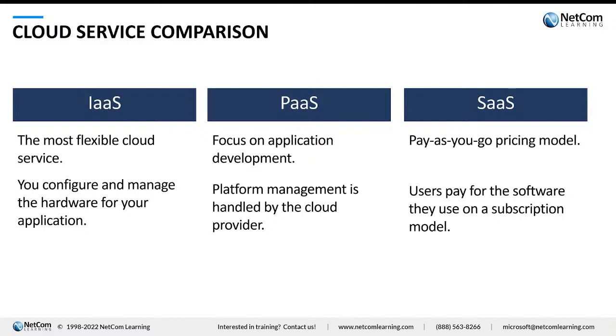As a quick comparison of the three platforms, IaaS is the most flexible in terms of cloud services. This is where you get to configure your hardware, you can manage your hardware, and you can manage your own applications. Also with IaaS, if you have decided that you want to move virtual machines that you have on your on-premise infrastructure into the cloud, instead of creating new VMs in the cloud, you can lift and shift the ones that you have in your on-premise environment to the Azure platform.